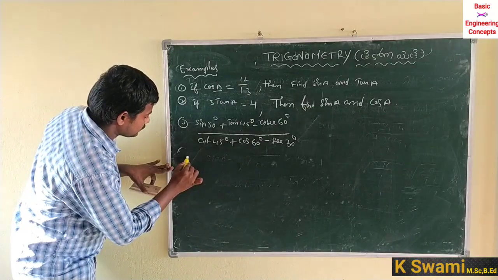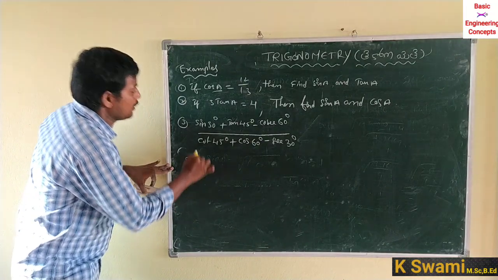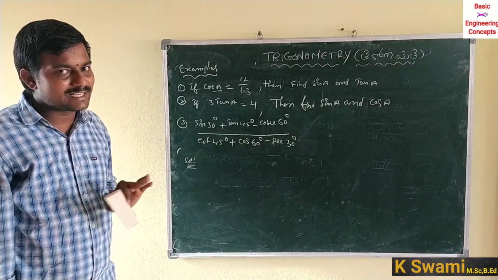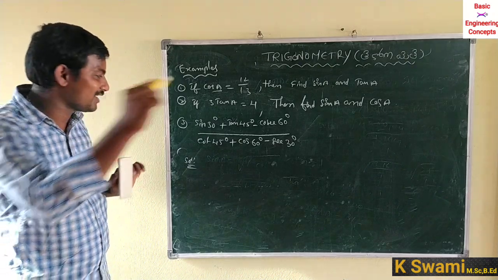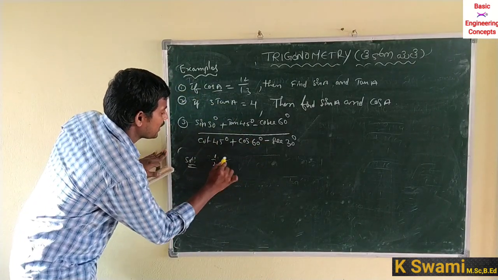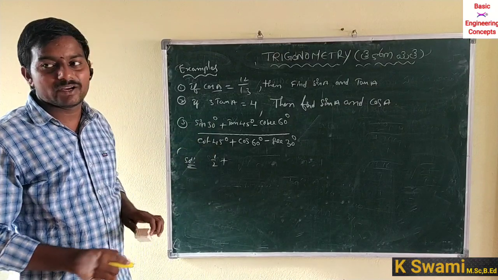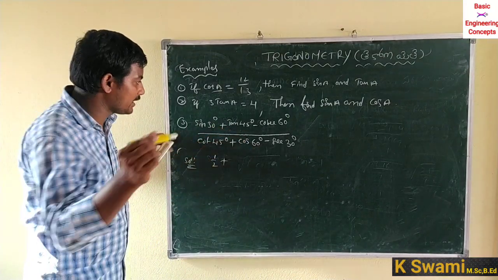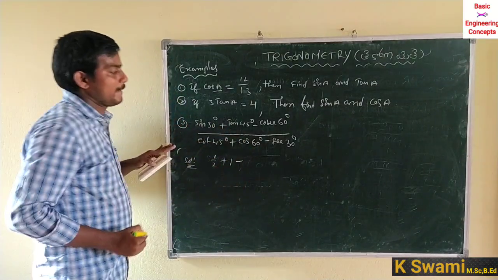Now the solution: sin 30 degrees is equal to 1 by 2, and tan 45 degrees is equal to 1.